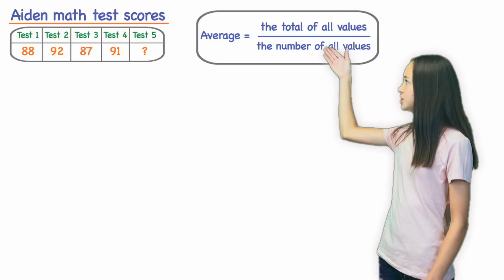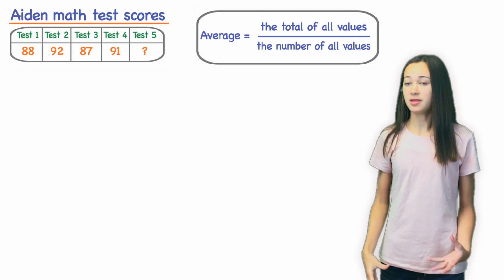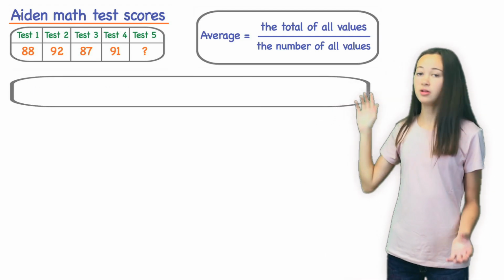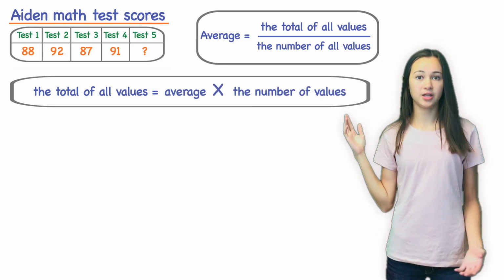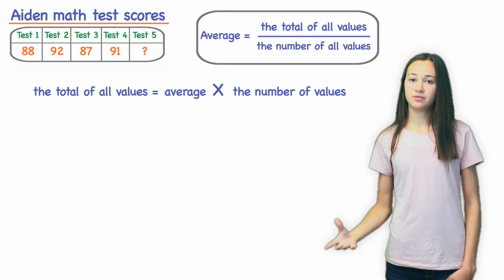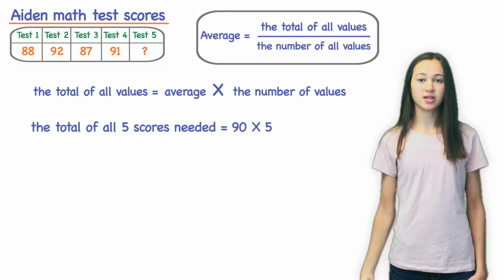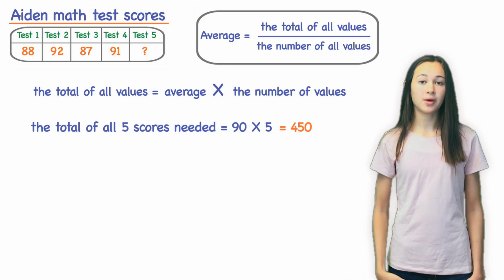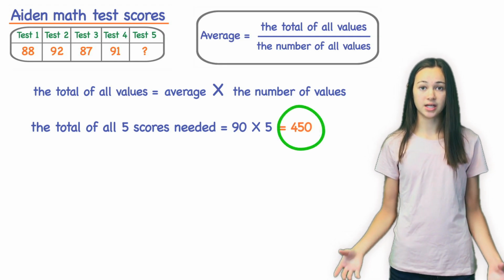We can also solve this question using the formula. Average equals the total of all the values divided by the number of values. That means that the total of all the values equals the average times the number of values. The average is 90, and the number of values is 5, because there are 5 test scores. So 90 times 5 is 450. So Aiden needs to score 450 points on all his 5 test scores.